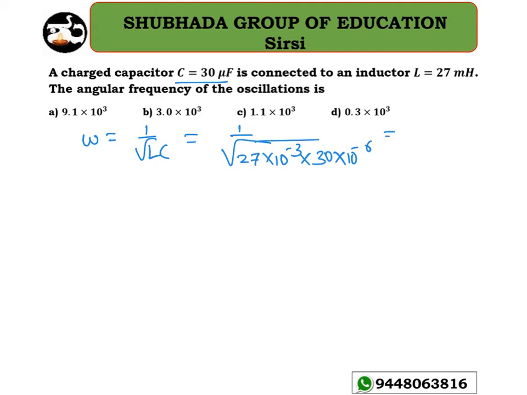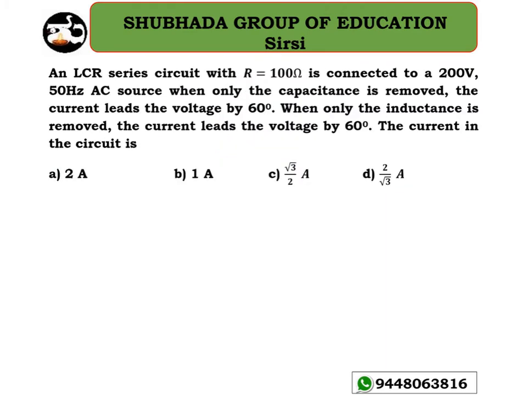So I will get 1 by 9 into 10 to the power of minus 4, which is 1.1 into 10 to the power of 3 radians per second. Option C is the right answer for this question. Go to the next problem now.